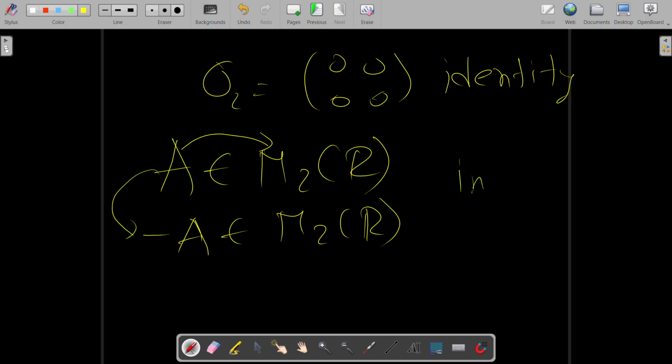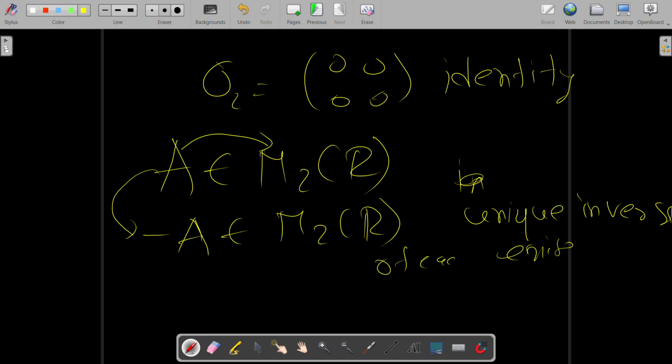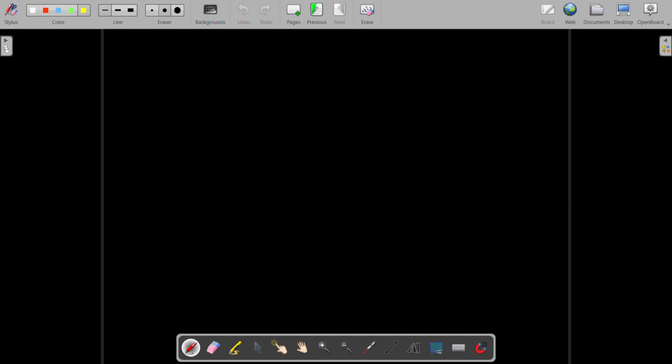So a unique inverse of each element will exist.